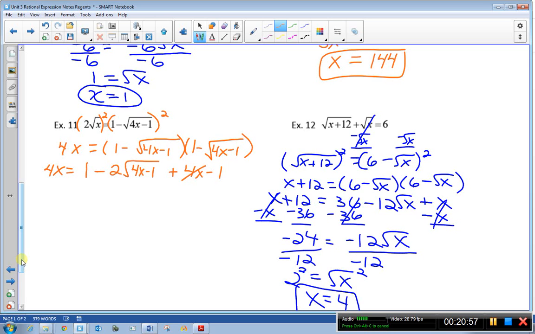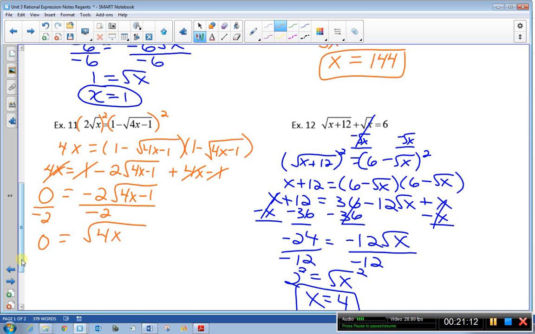So the 4x's are going to just cancel. 1 minus 1 goes. Nice. So I get 0 equals negative 2 times radical 4x minus 1. Divide by negative 2. Again, 0 equals the square root of 4x minus 1. Square both sides. 0 equals 4x minus 1. 4x equals 1. X equals 1/4. And it checks.